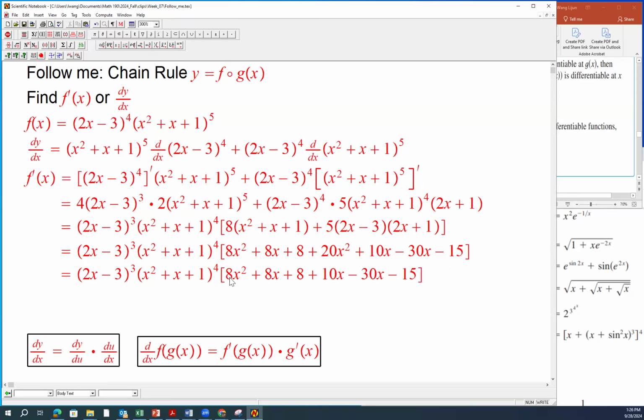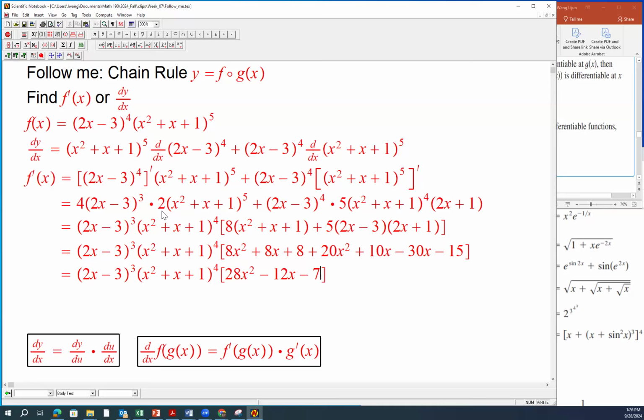So that's going to be 28x squared. x, so this is a negative 20, right? 8x, so that's going to be negative 12x. And these two make negative 7. That's done. Okay, that's finished.